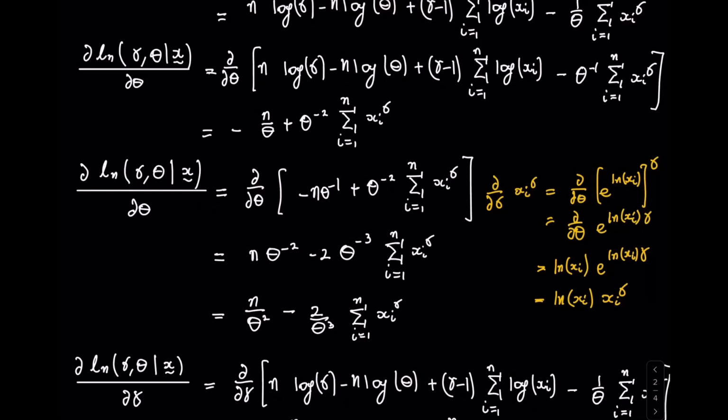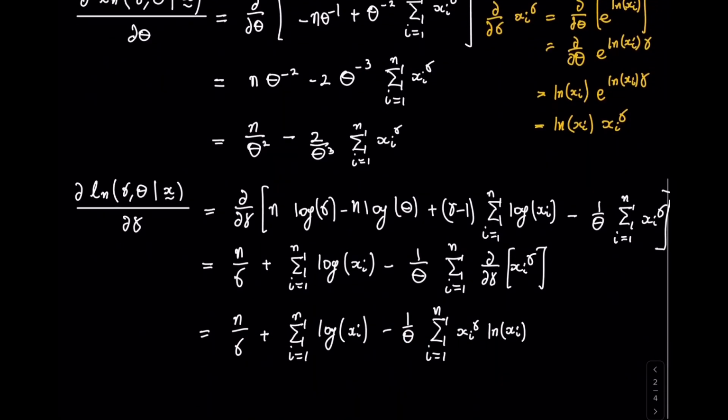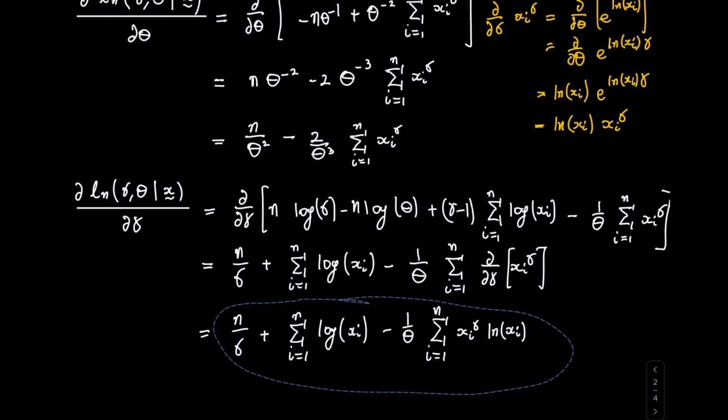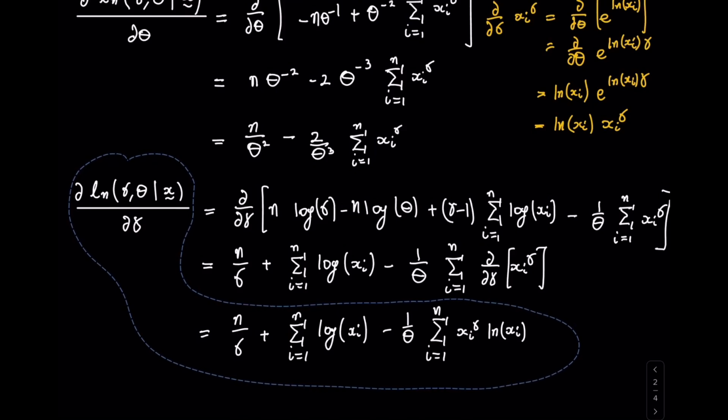Here is our partial derivative. Which one's a little bit more complicated? Probably this one. Let's stick with this one here. This one might be easier to do. Copy. So this is the first derivative with respect to gamma.